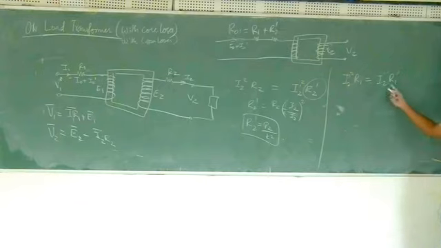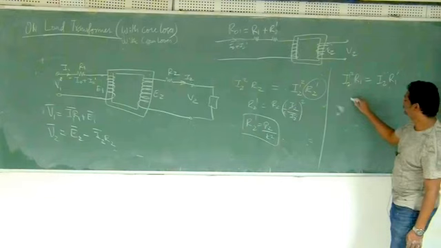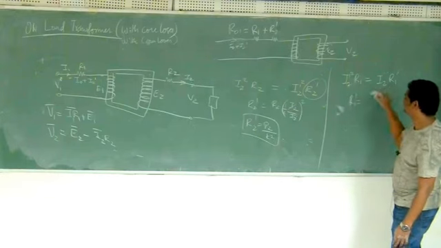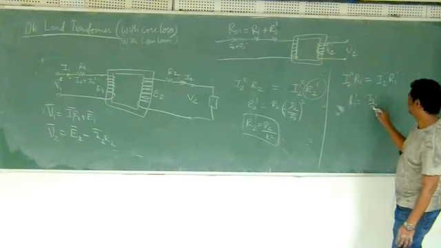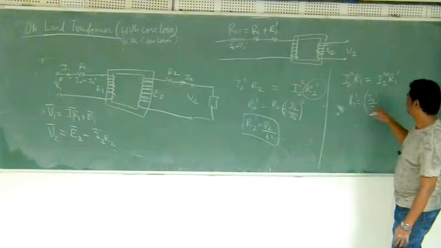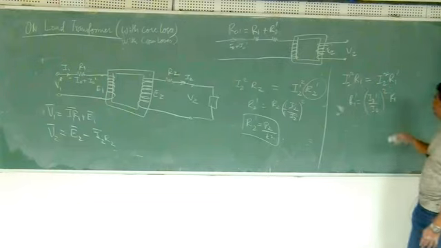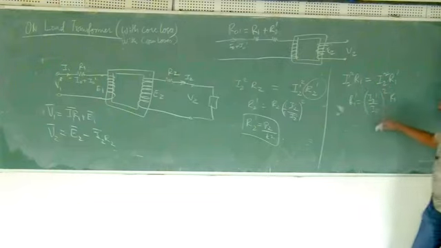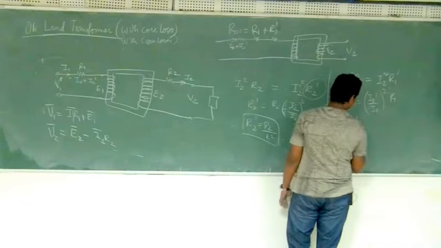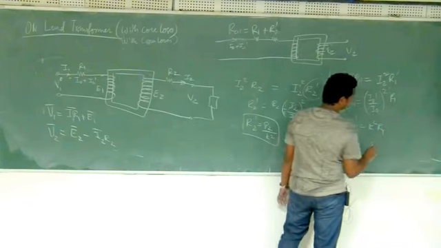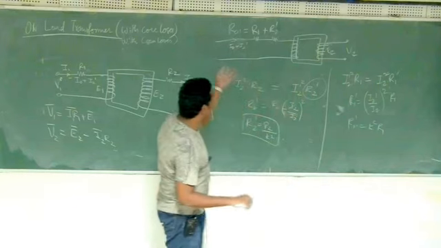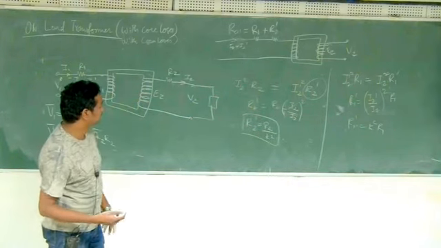What is this R1 dash? Something new which is coming on the secondary side. It is nothing but I2 dash by I2 whole square into R1. This is again k, so it is k square into R1. So I can do it like this to find this one.